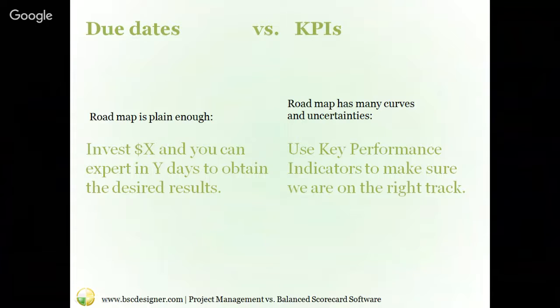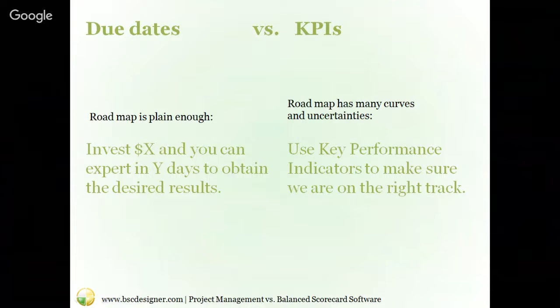With the balanced scorecard, the analogy is different. With a strategy execution, we never deal with a straight line. We deal with a map where the road has many curves and many uncertainties. And in this case, we cannot just dedicate certain resources to achieve the result, because we simply don't know how many resources we'll need.